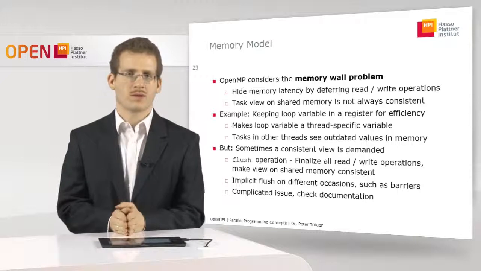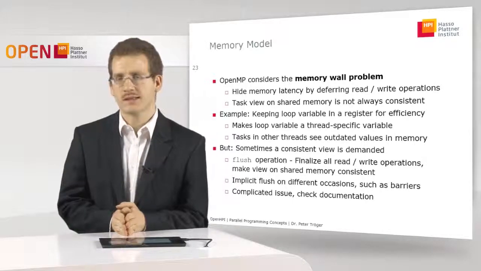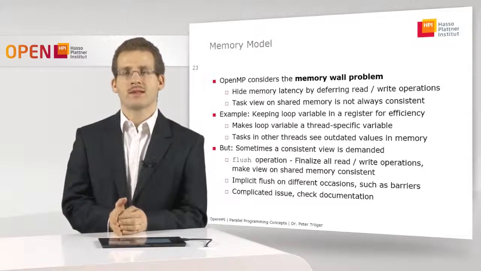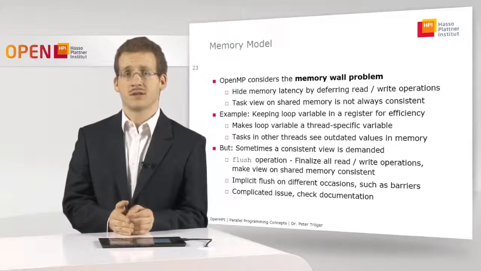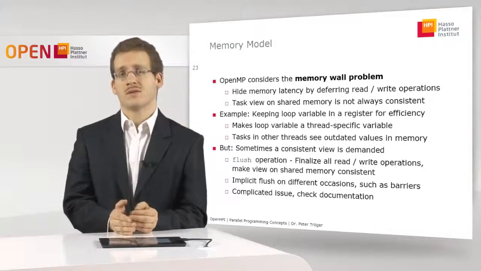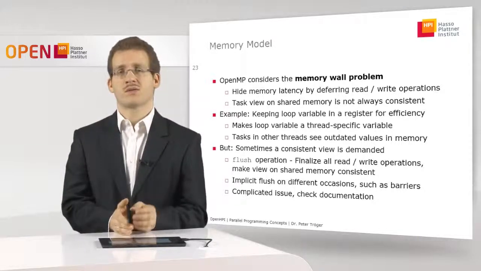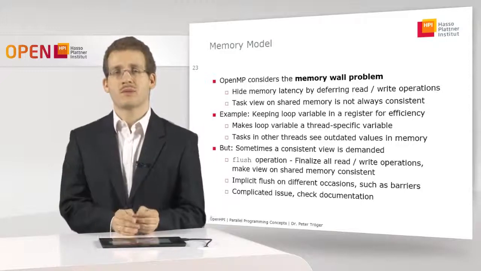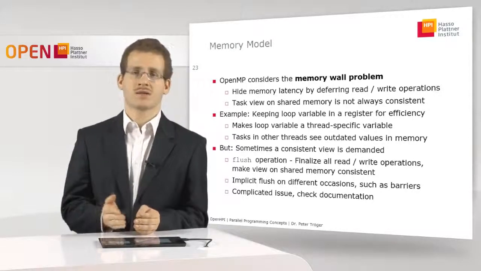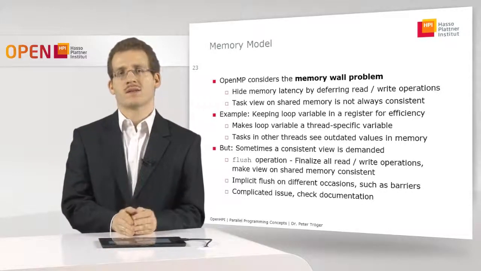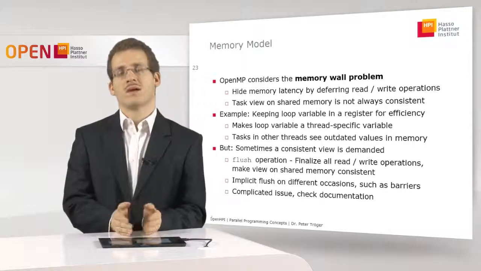This is something that we call in computer science sequential consistency. And the problem is that this is very hard to achieve, because if you do that, then you can't do any kind of smart caching approaches, for example. You really have to make sure that all the values that are written directly go to main memory, because if some other task in some other thread is accessing this value, it needs the latest value.